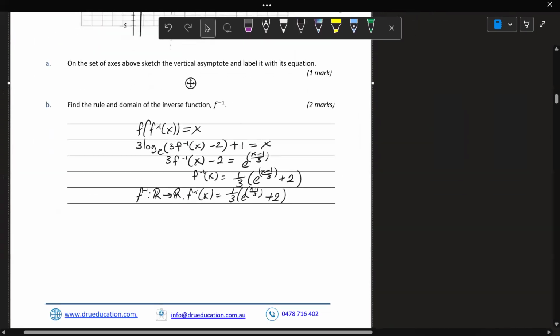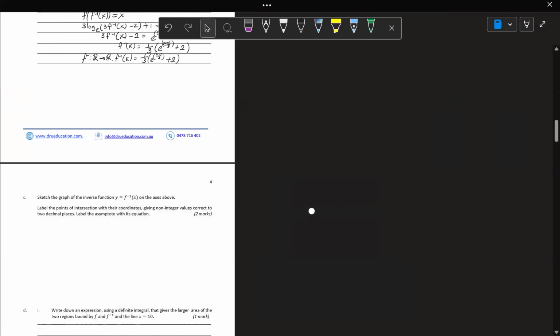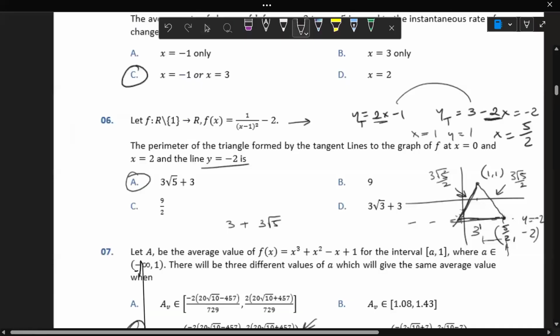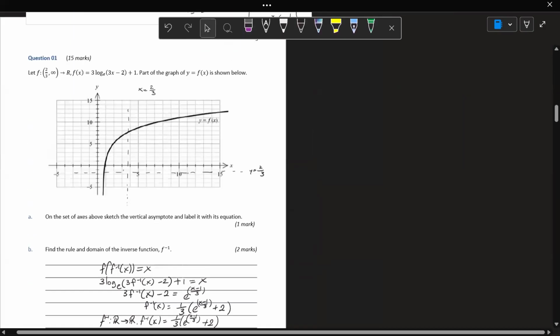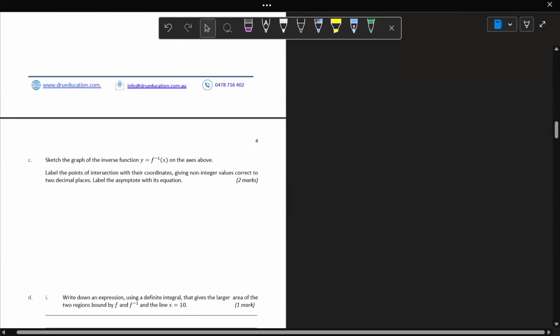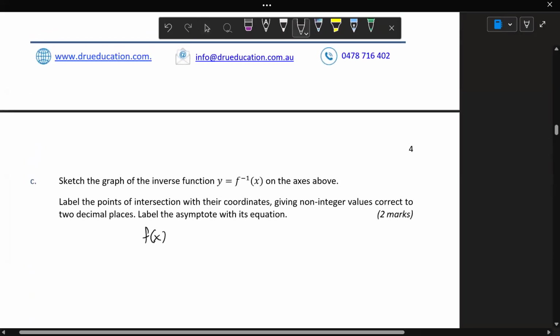And now we should do f. Now let f of x equal x and solve for the intersection.